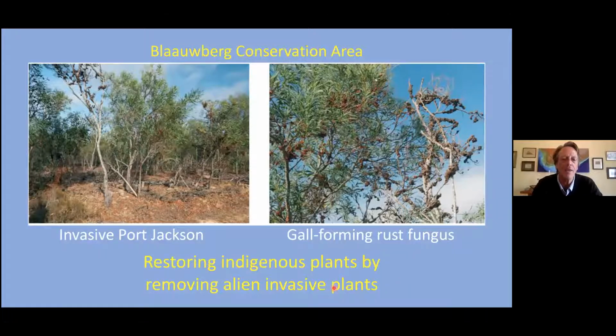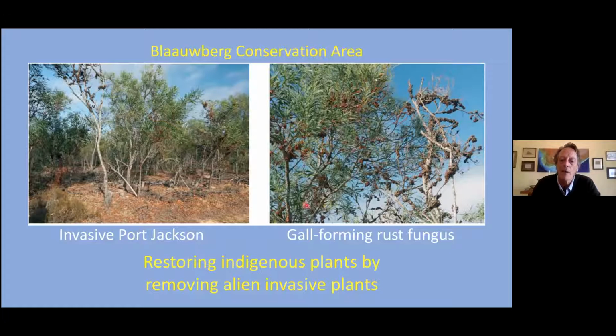And what you can see here in this image on the left is that the Port Jackson has basically pushed aside all of the amazing diverse species of lowland fynbos plants and has basically taken over. So the way to try to fix this is to remove these plants. It's a very difficult job because they produce prodigious numbers of seeds that form a huge soil seed bank, and they keep resprouting.